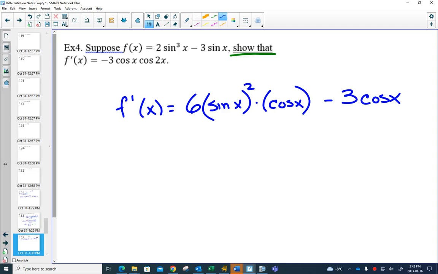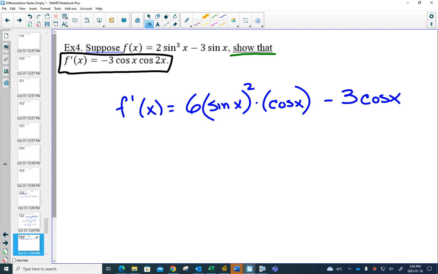So a normal derivative question would be, just find the derivative. In a show that question, they're like, find the derivative, now I want you to manipulate. Can you take this, can you manipulate so that it looks like this in the end?